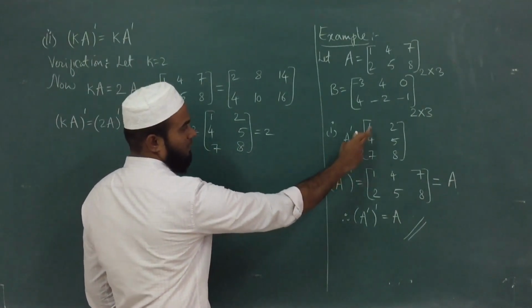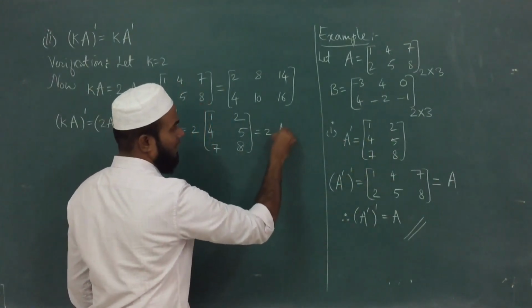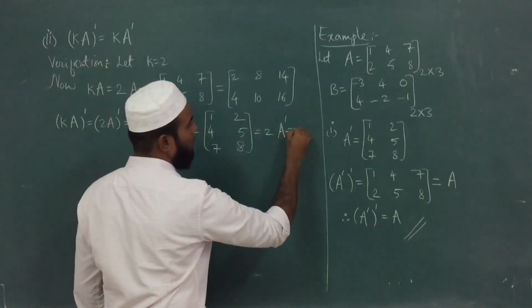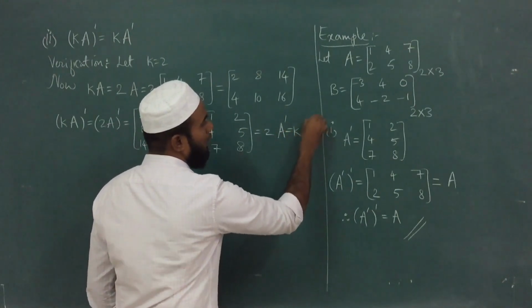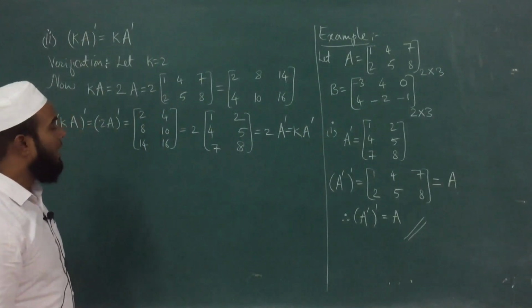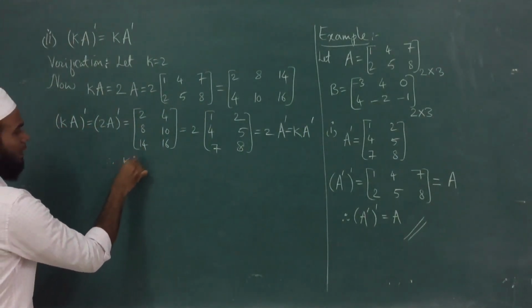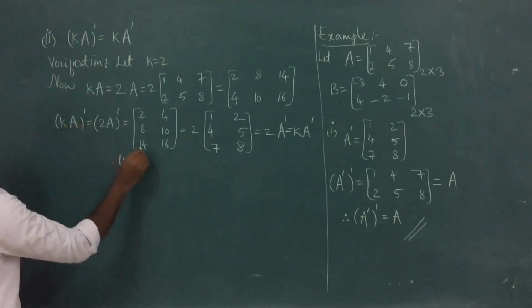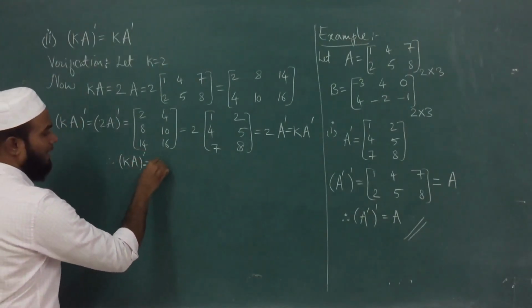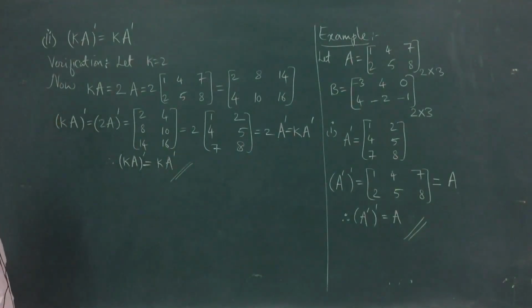A transpose is given by 1, 2, 4, 5, 7, 8. So this is equal to K into A transpose, because 2 is nothing but K, right? So what we have proved is KA whole transpose is nothing but K into A transpose, right? This is what we have proved.